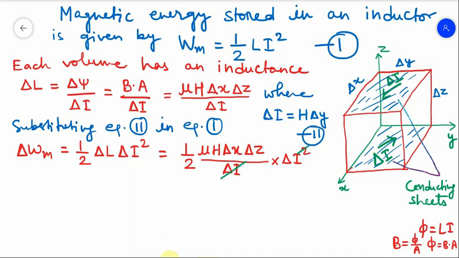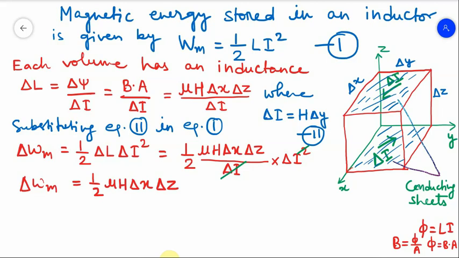So now del Wm equals half mu h del x del z into this del I. In place of this del I we can write h del y.